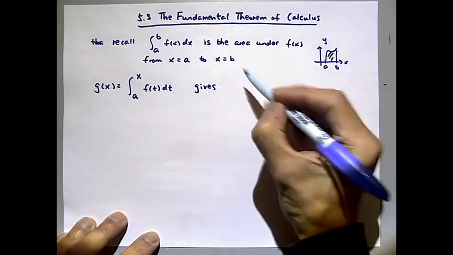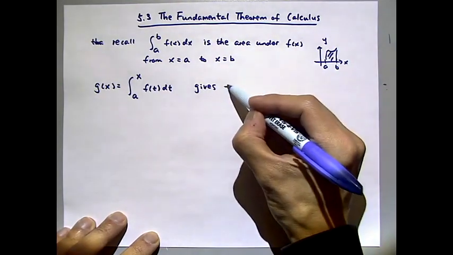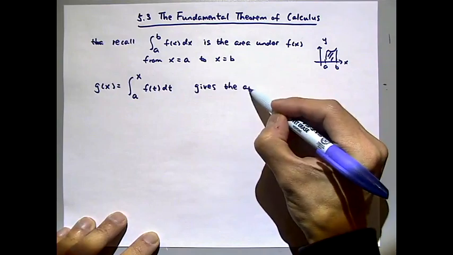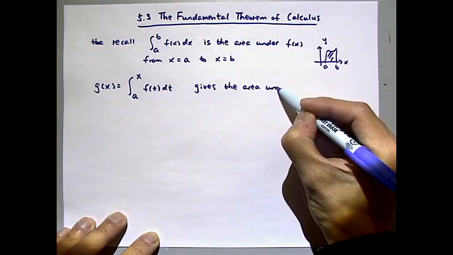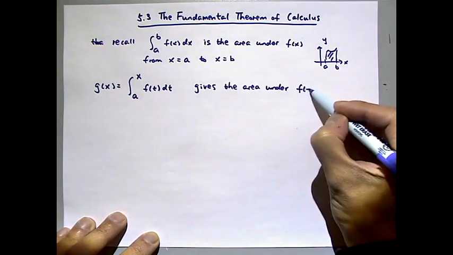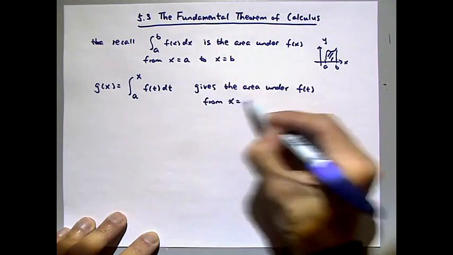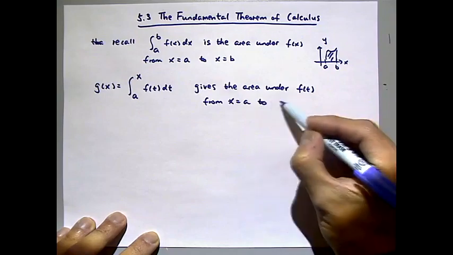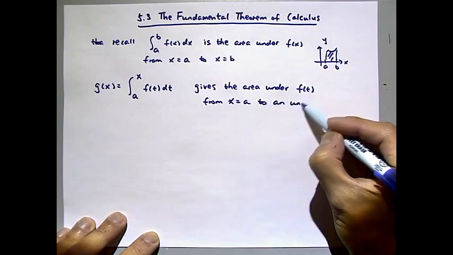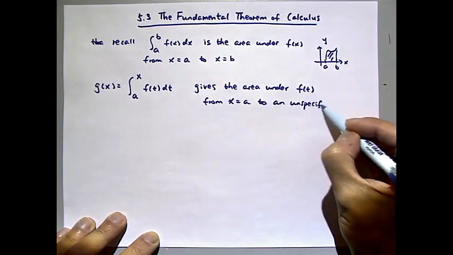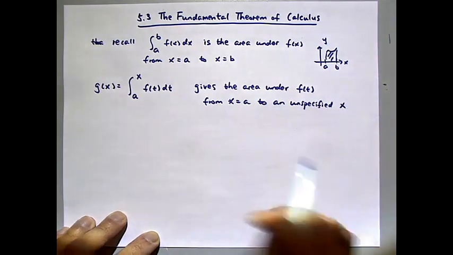So this is still going to give us the area under this function, f(t), from x = a to an unspecified x.